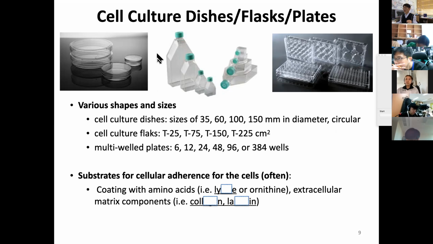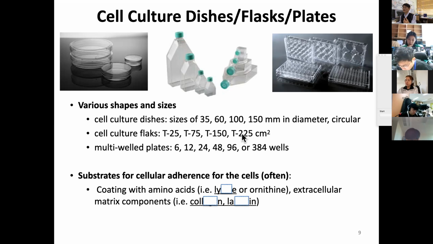So to prevent that, we now have cell culture flasks, which look like this, and we call it a T flask. I don't know where the T comes from, but maybe it looks like a T shape. There are usually numbers like T25, T75, T150.